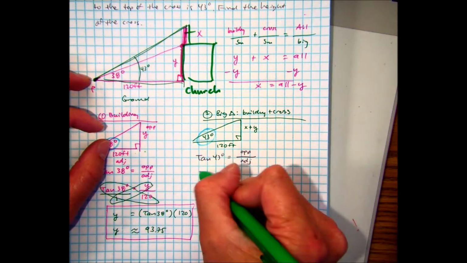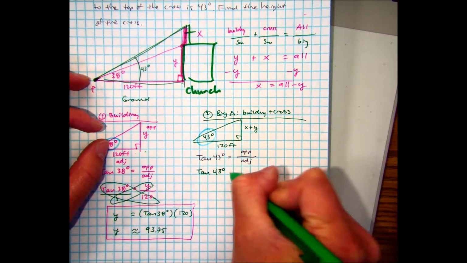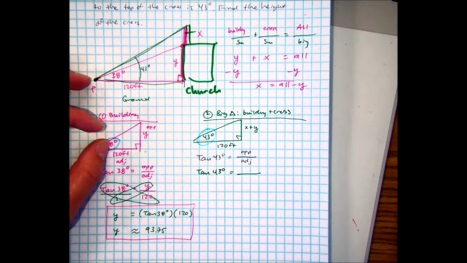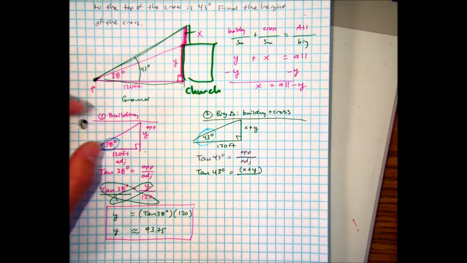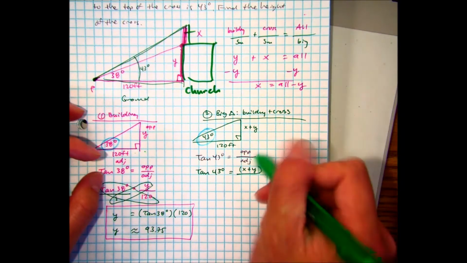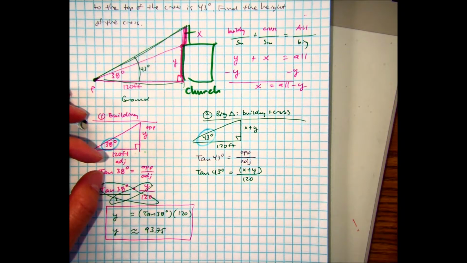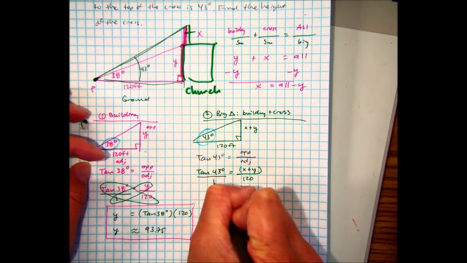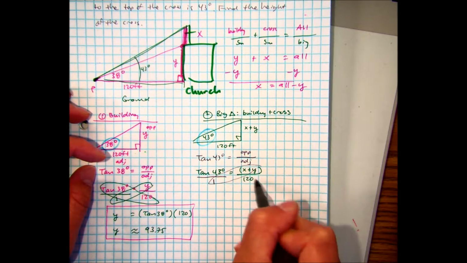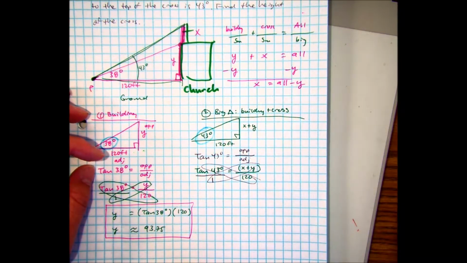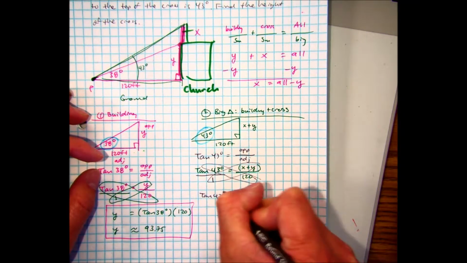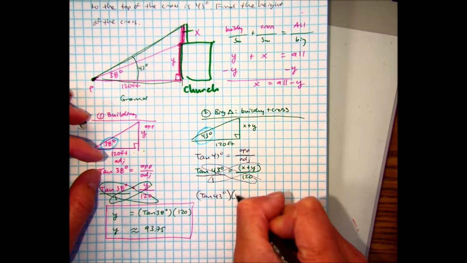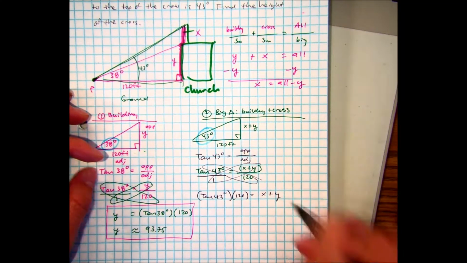Let's substitute our information in. I have tangent of 43 equals, what is the opposite side called? x plus y. And we're going to keep it as x plus y. I'm going to put a parenthesis around it. And our adjacent is 120. I'm going to put it over 1. And then we're going to go ahead and cross multiply. So I'm going to have the tangent of 43 degrees times 120 equals x plus y.